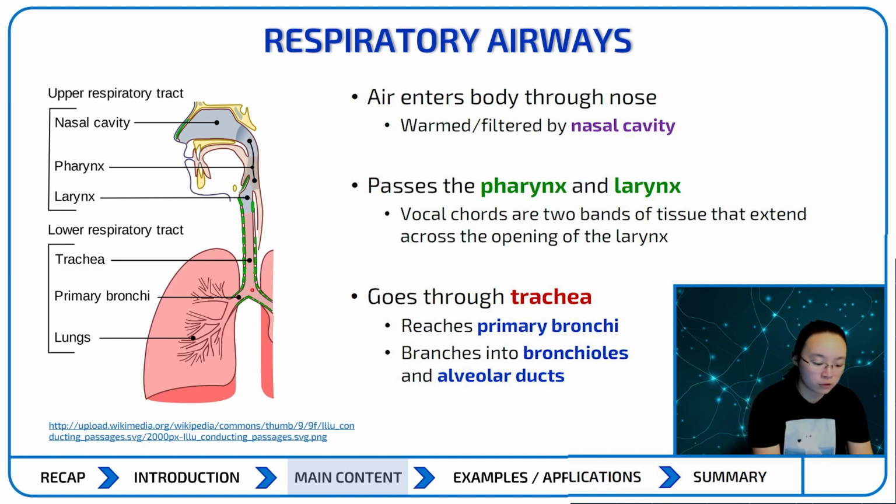Each of those bronchi is going to branch out further into bronchioles. And each of those bronchioles will have a bunch of little sacs called alveolar sacs, which are all connected through an alveolar duct. So please do know the order in which air is going to travel in case there's a question.